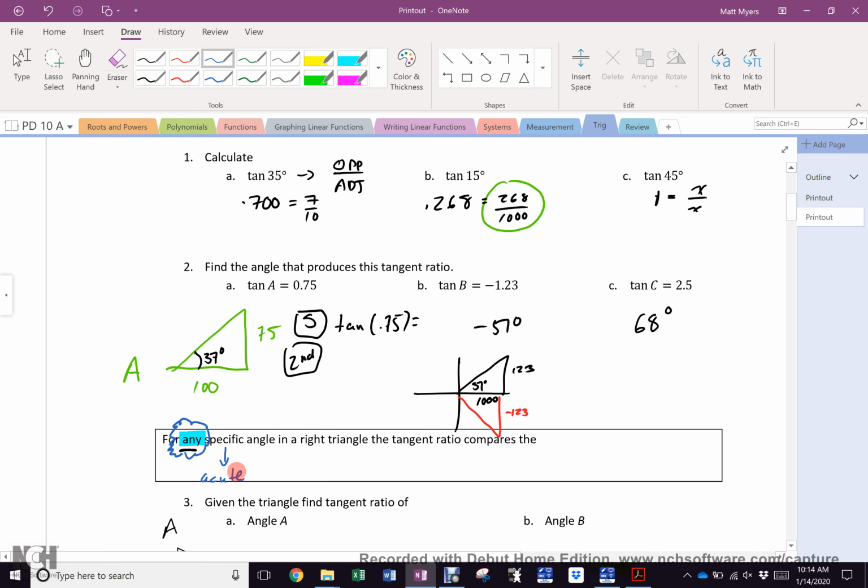For any acute angle, the tangent ratio compares the opposite side to the adjacent side. And we remember, never the hypotenuse. It only deals with legs. Everybody cool?